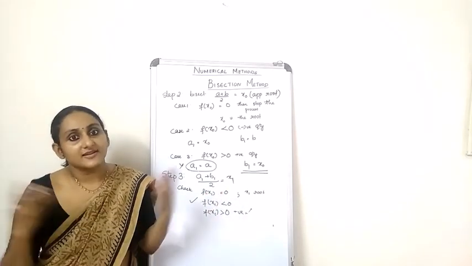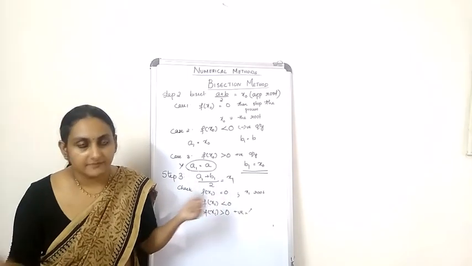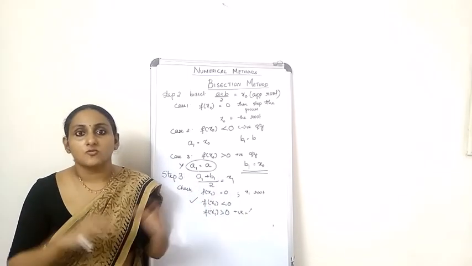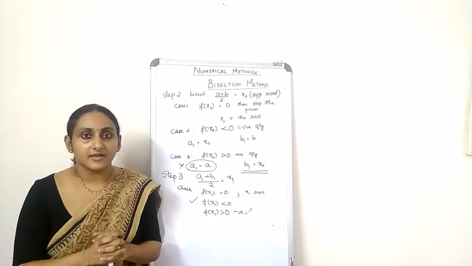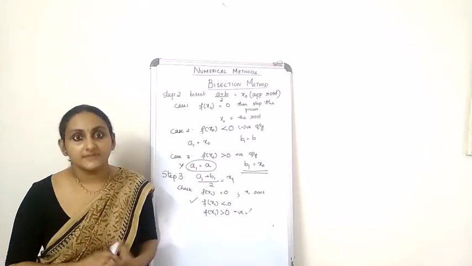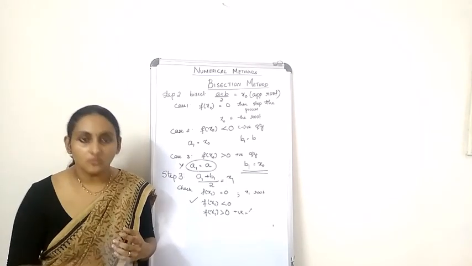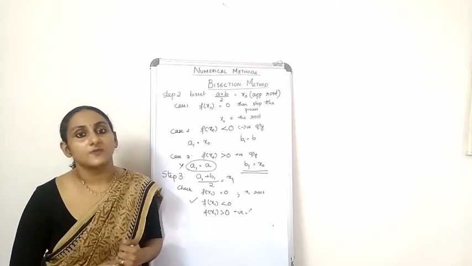That's why it is said that this method is very time consuming and errors can happen anytime. So we will find a way to find an accurate root for the function f of x, and that too using the bisection method. With that said, we'll move on to our problem.